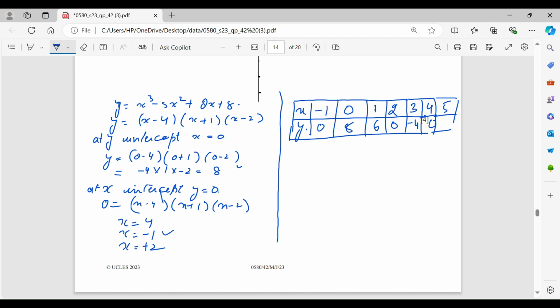At 5, it is 18. And when x is minus 2, y will be minus 24, right? Right. So let's plot these points.